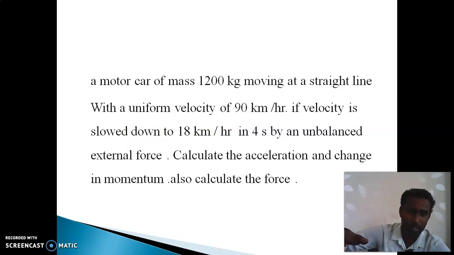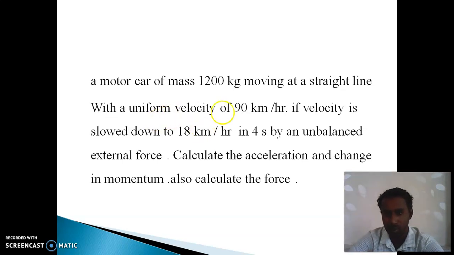Automatically your speed will be decreasing, right? Initially it is going at a certain speed. After you apply the brake, automatically that speed will be reduced. So 18 km per hour in 4 seconds by an unbalanced external force. Calculate the acceleration and change in momentum and calculate the force.